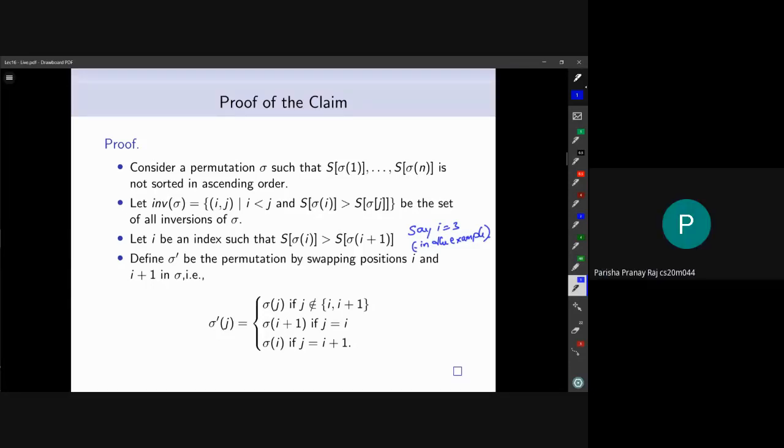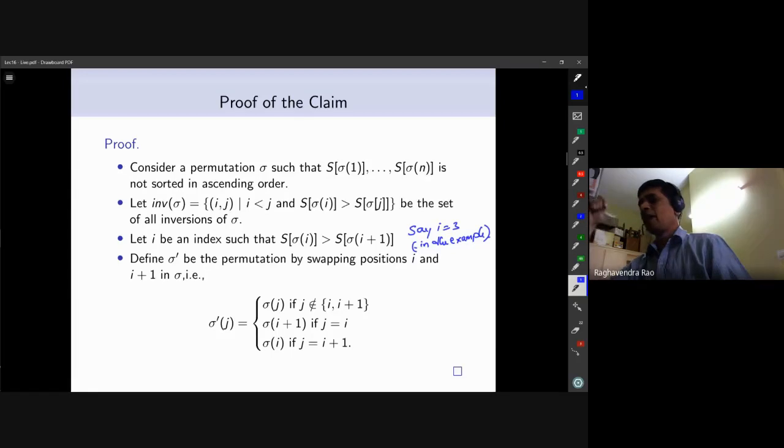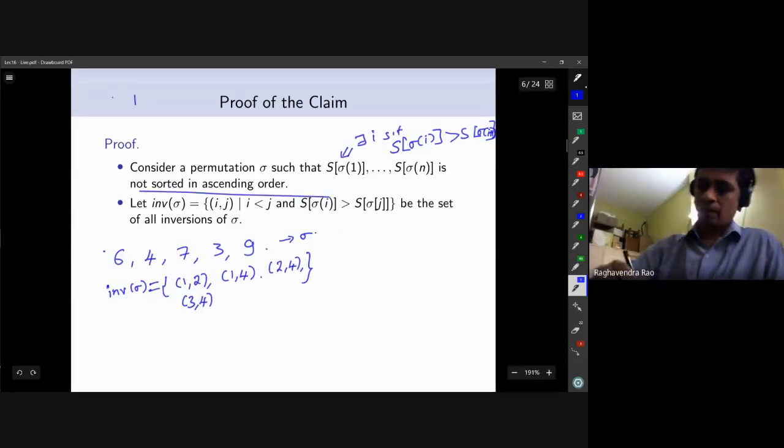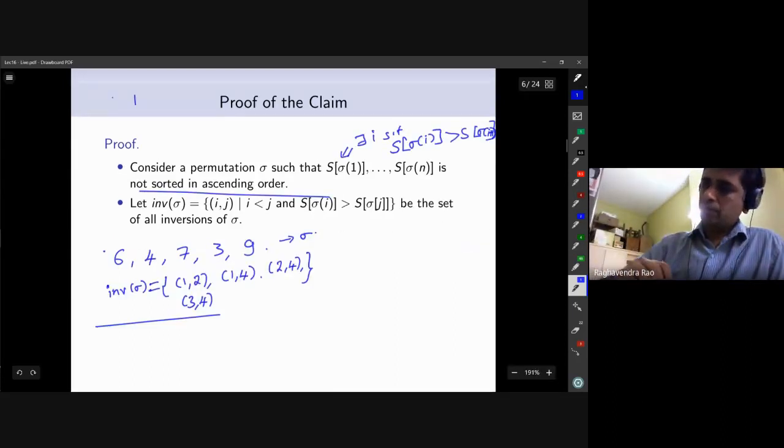Sir, can you explain how you are using transitivity to get the I plus 1 relation? See, for every I, if S of sigma I is less than or equal to S of sigma I plus 1, now you consider any I less than j. Let me write it formally.